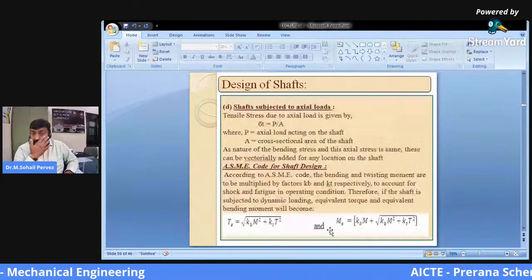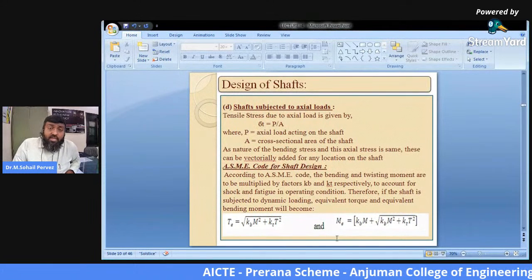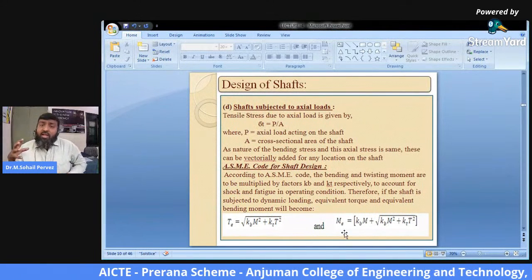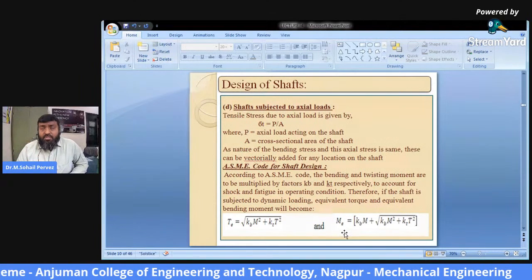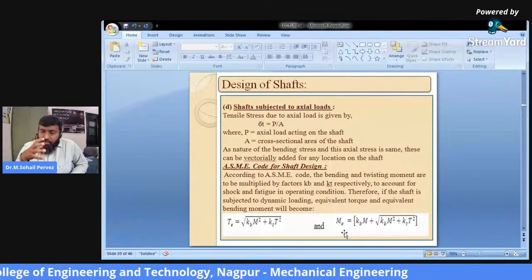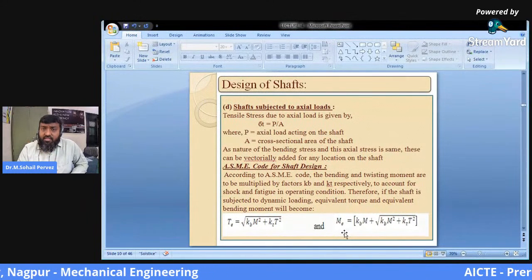Now, shafts subjected to axial load. As I have told you, in marine applications, in ships, the propeller shaft has at its forefront a fan, the propeller.